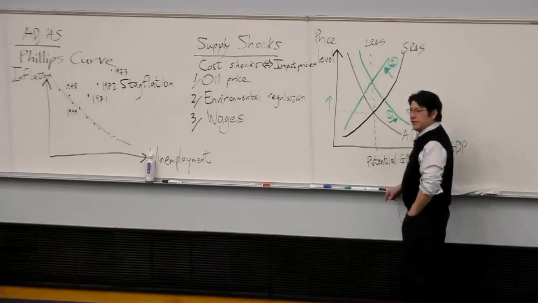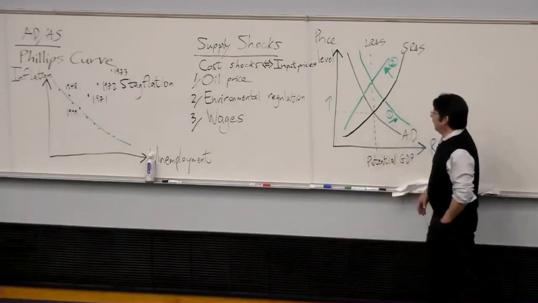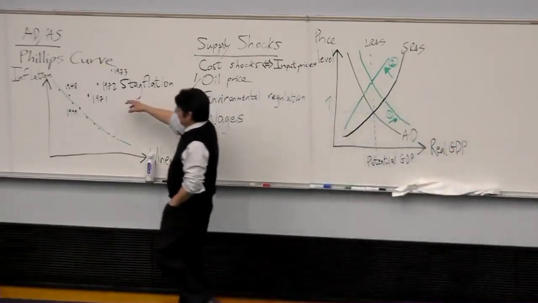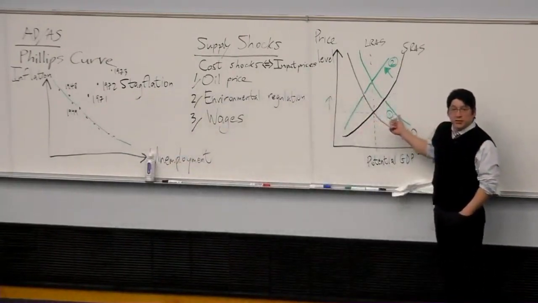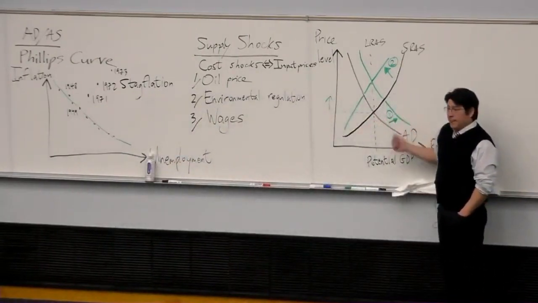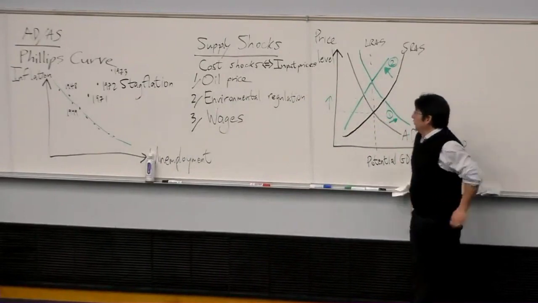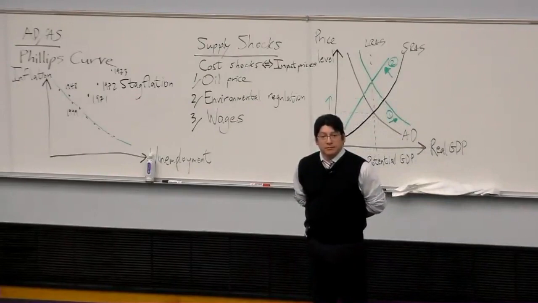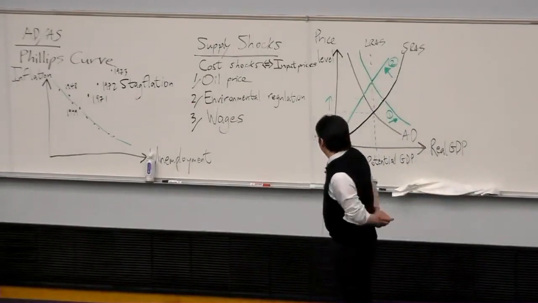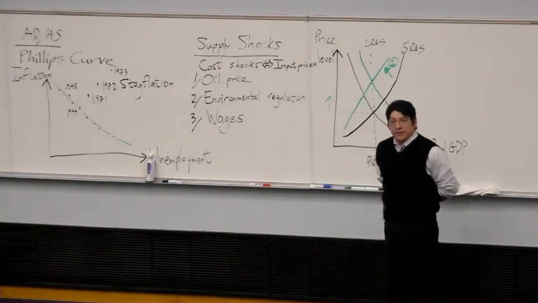Like, we would need something to have happened, not in the 70s, but maybe earlier in the 60s, that opened an inflationary gap. So what was happening in the United States in the late 60s, and I guess early 70s as well, that might have involved pushing the aggregate demand curve out to the right?